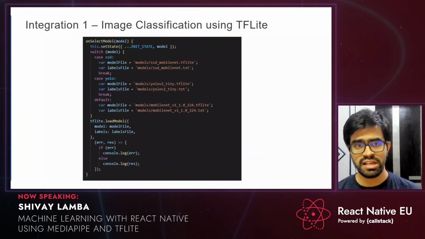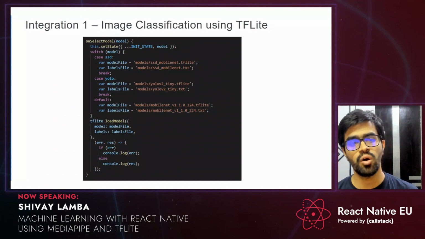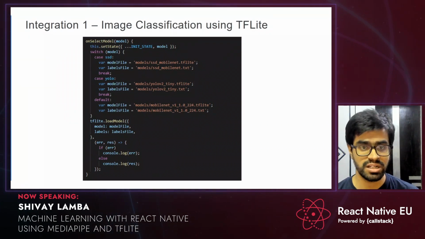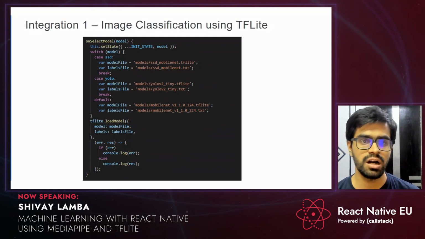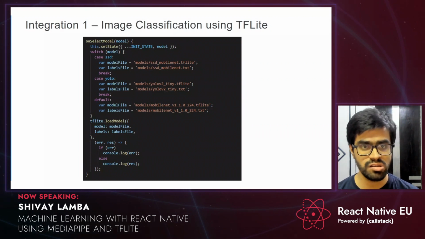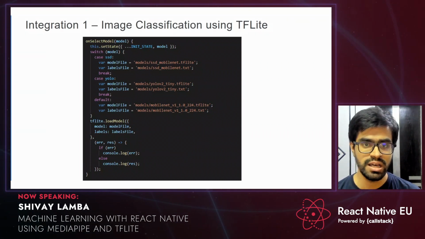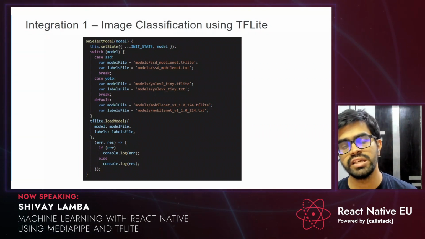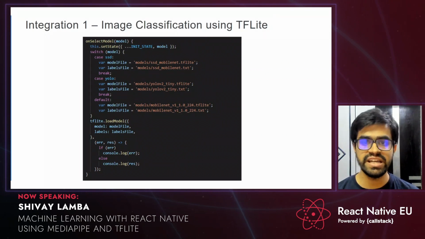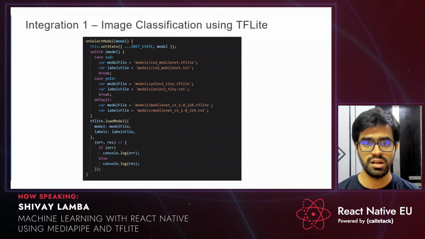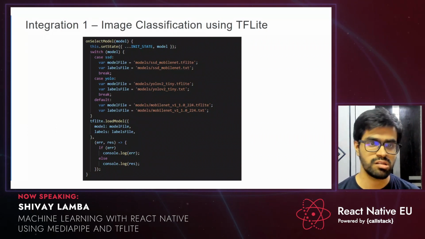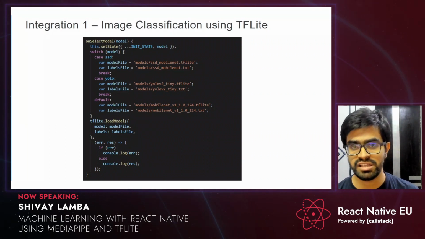Now, let's look at this particular code where we look at all the different kinds of models that are currently being supported. We have taken three different models, and as you can see, within these models we have a unique TFLite file for each. The first model is the SSD MobileNet model.